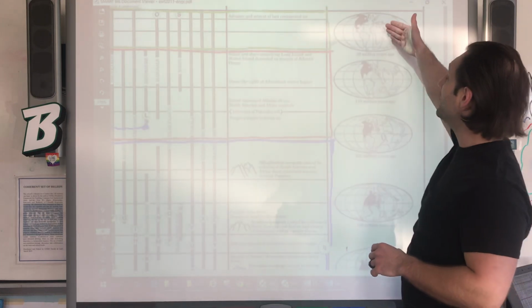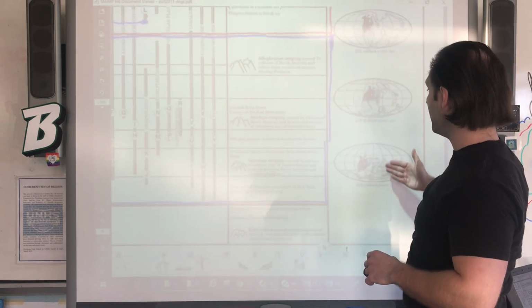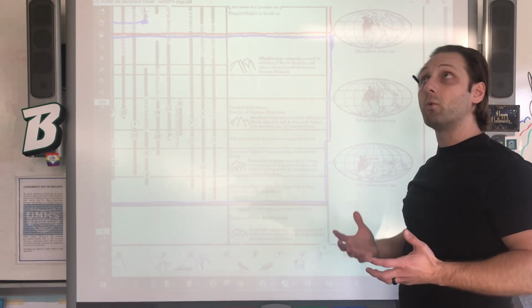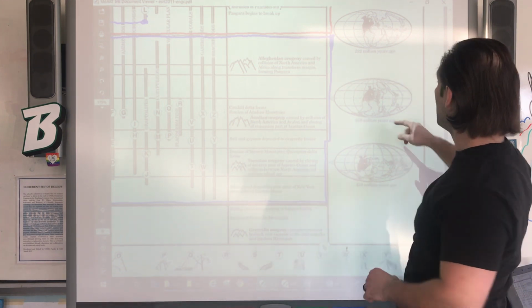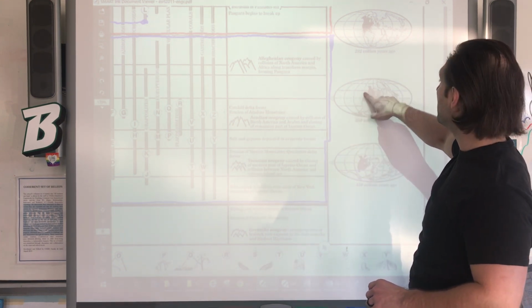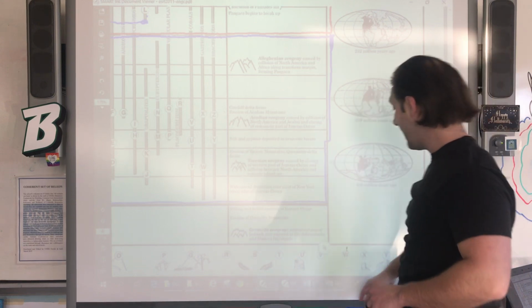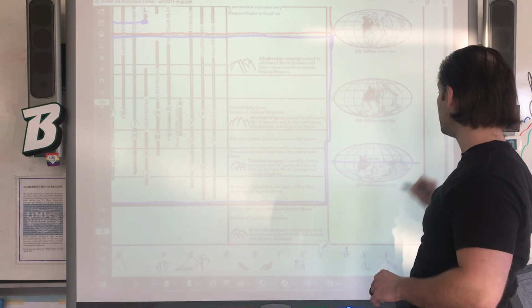Over here you'll see that we have individual models that they've provided of what we expected the plates to be based on continental movement and drift. Notice that North America is this dark symbol here, and the equator runs down the center, something you don't ever want to forget.